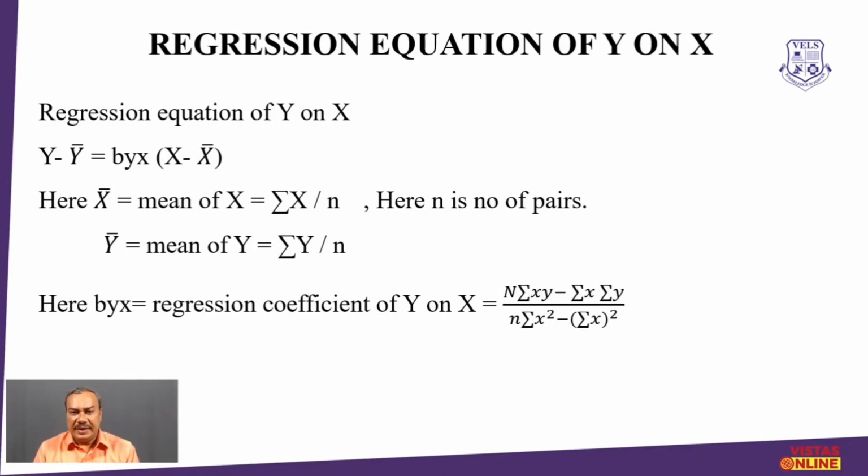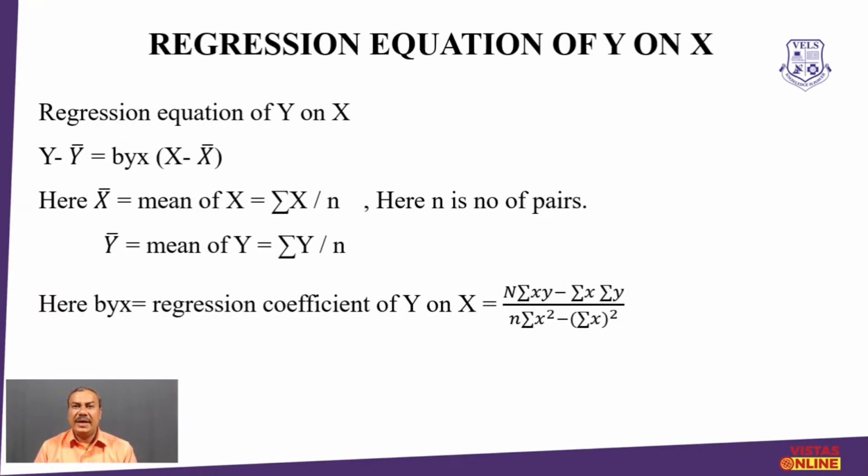Here x bar, y bar and byx are all statistical constants. x bar equals the arithmetic mean of x, y bar equals the arithmetic mean of y, and byx equals the regression coefficient of y on x. x bar equals sum of x divided by n. Similarly, y bar equals sum of y divided by n.